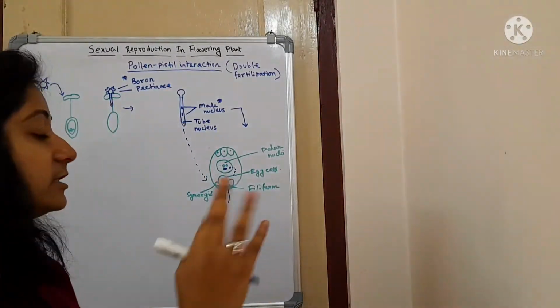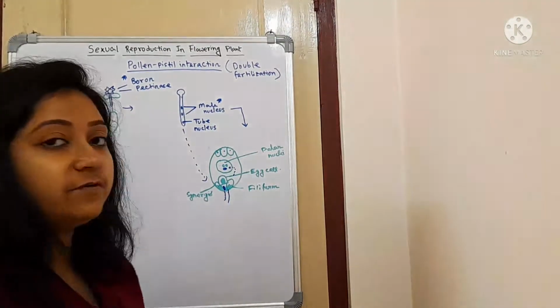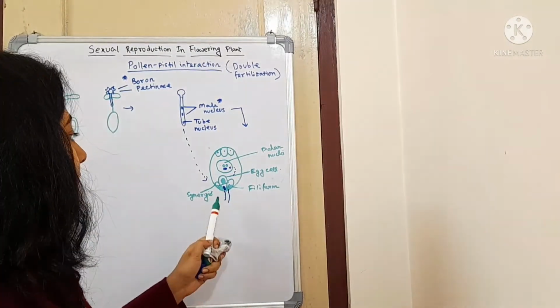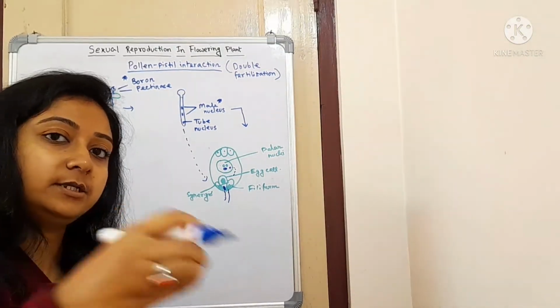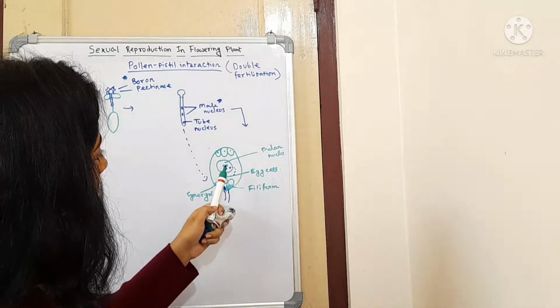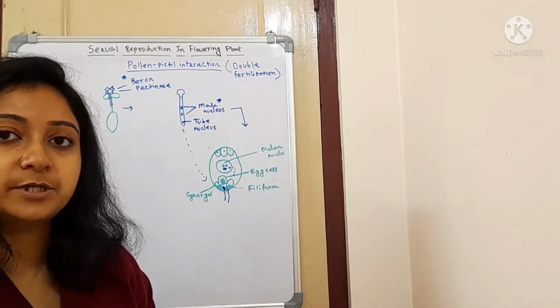So the filiform apparatus can move like this. By the movement of the filiform apparatus, the male nuclei understand that one of them has to go and fuse with the egg, entering the egg apparatus, and the other has to go to the central cell where the polar nuclei are present.